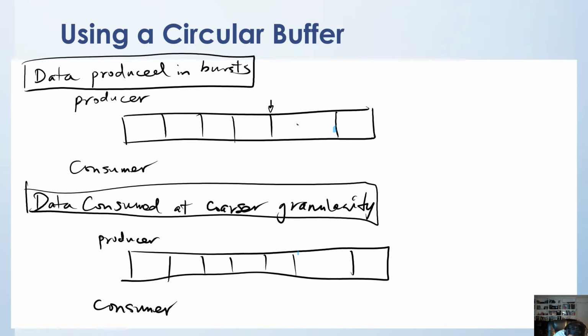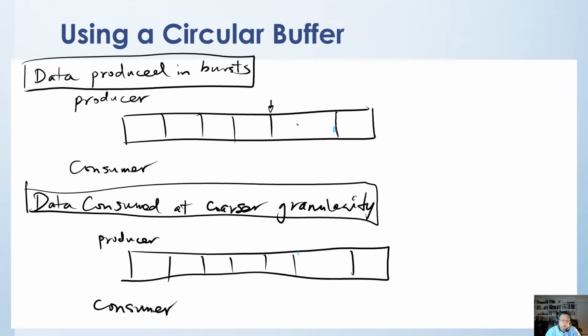And then the producer can slowly produce more data in a circular way. And then the consumer comes back and removes the data.